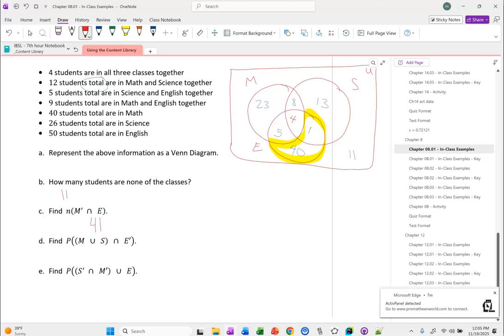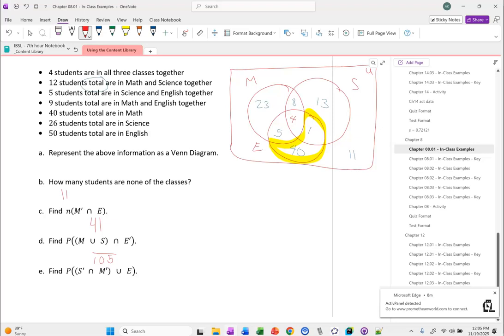Probability. So what's the answer going to look like? Let's write it as a fraction. What's the denominator of that fraction got to be? 105. Why the 105? It's how many total students we had.